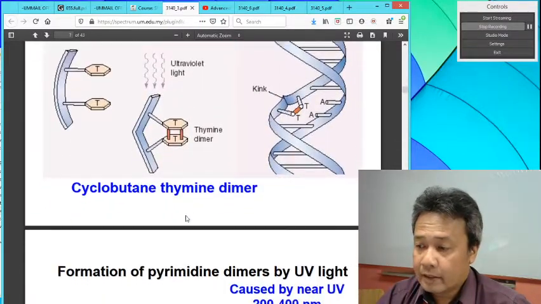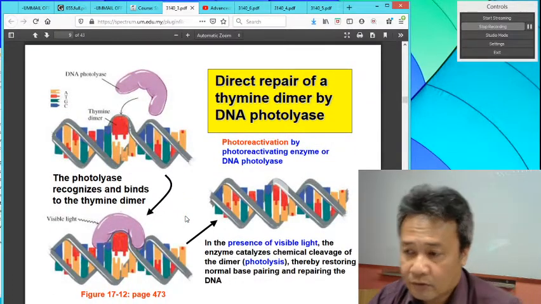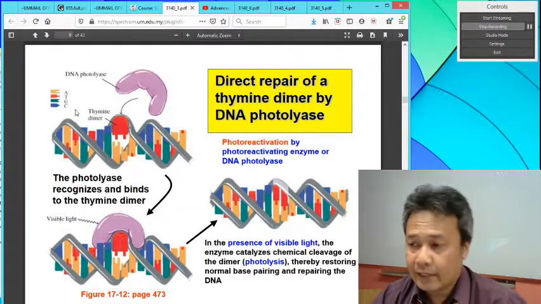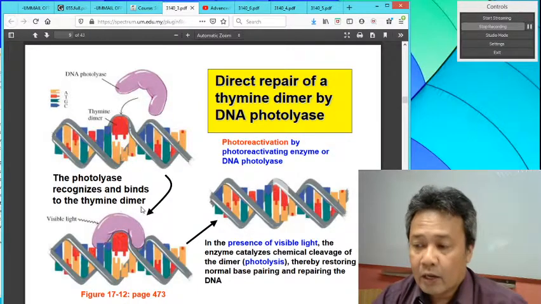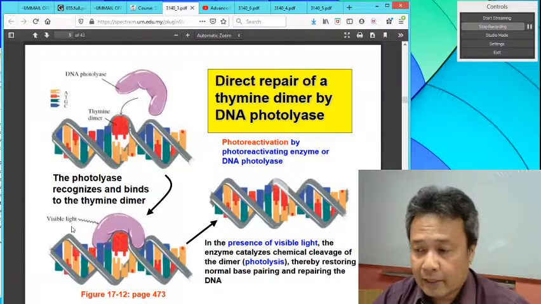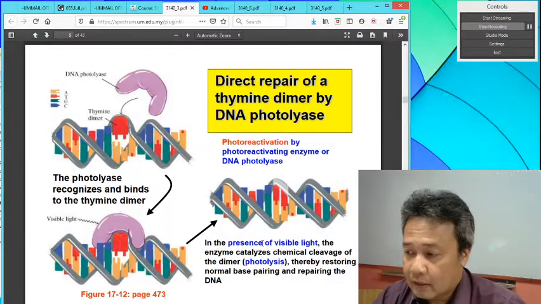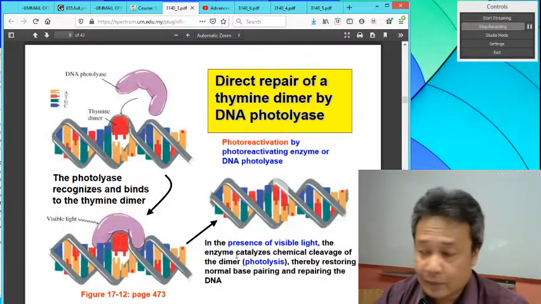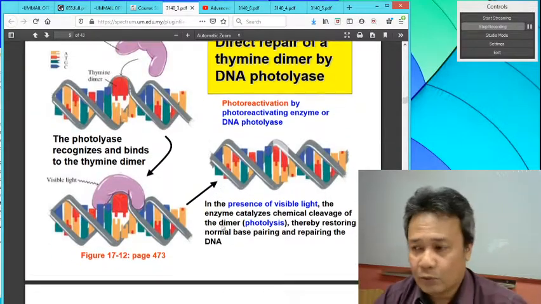How repair is achieved is by the action of photolyase. It recognizes the problem and attaches itself, and with the help of visible light as a source of energy, it will make the repair. In the presence of visible light, the enzyme catalyzes chemical cleavage of the dimer, restoring the normal base pairing. So that's why it's called direct repair.